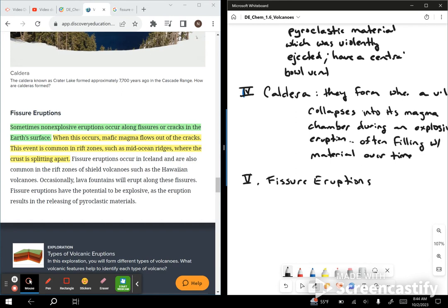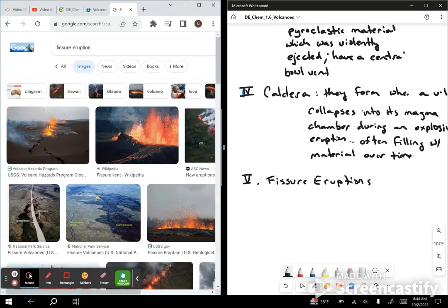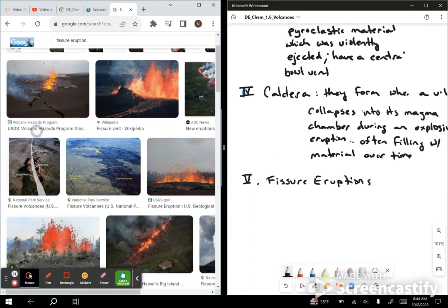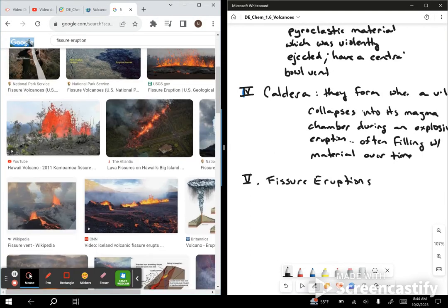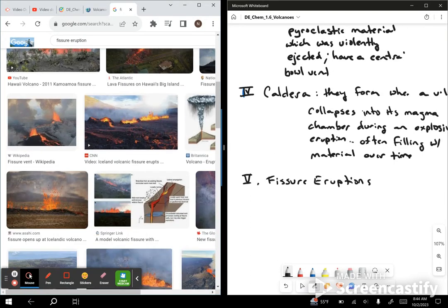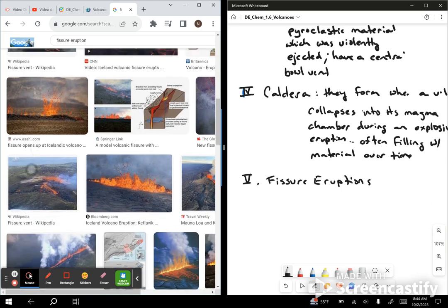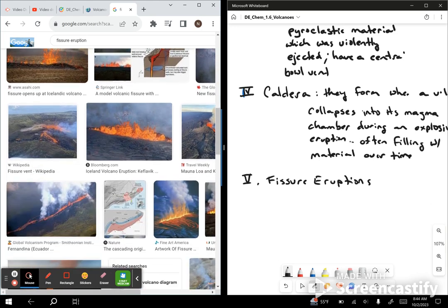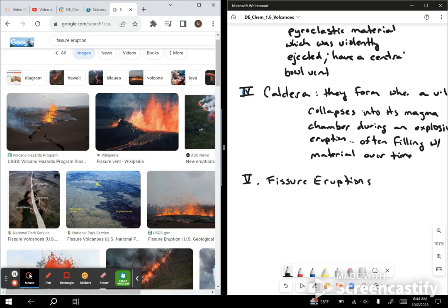And if we were to really quickly just take a glance over here, these are pictures of fissure eruptions. Okay, they happen along the faults. They didn't form a volcano, but you can certainly see that the lava is erupting out of these long fissures. Okay, these are called fissure eruptions.